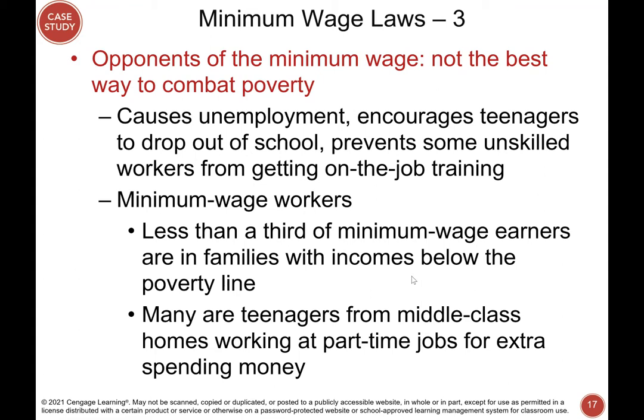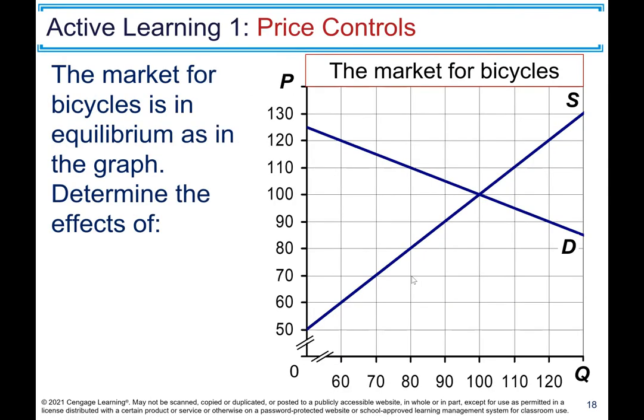Less than a third of minimum wage earners are in families with incomes below the poverty line. Many are teenagers from middle class homes working at part-time jobs for extra spending money. So it's really not going to help the poor people, the group for which it was intended.